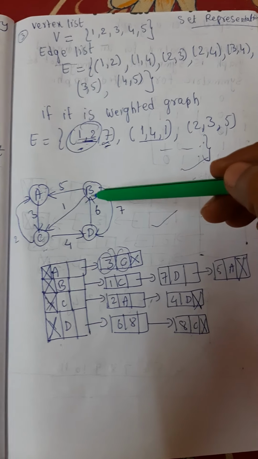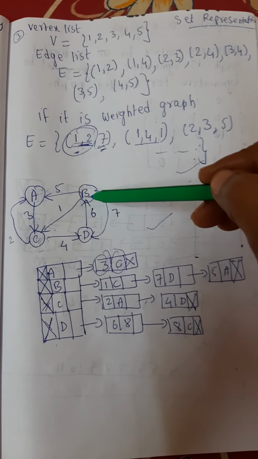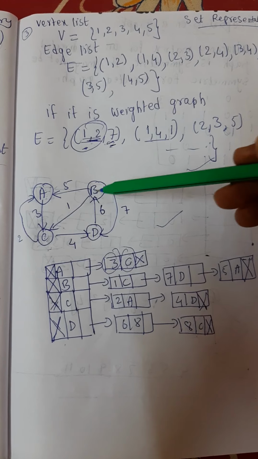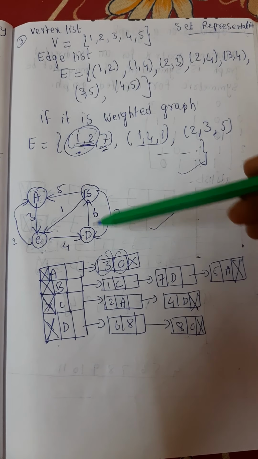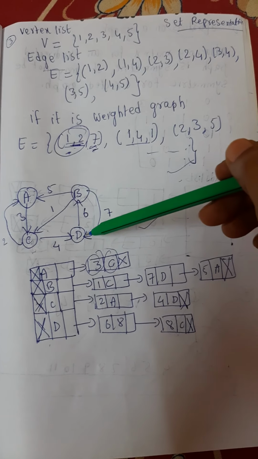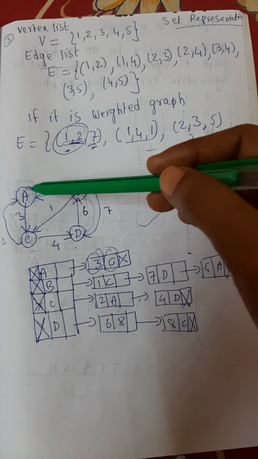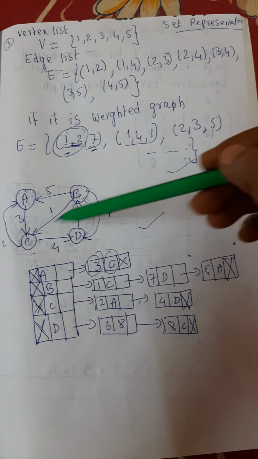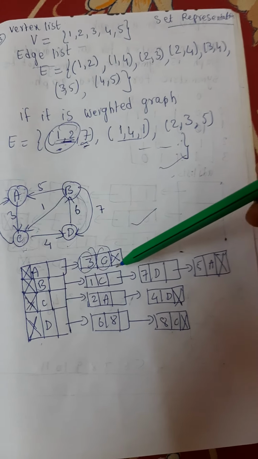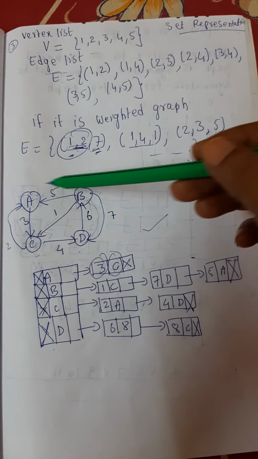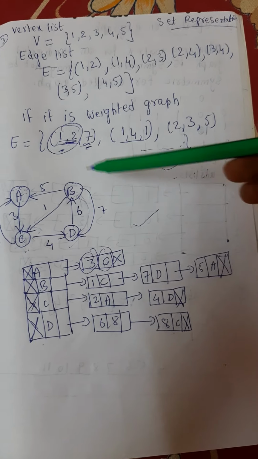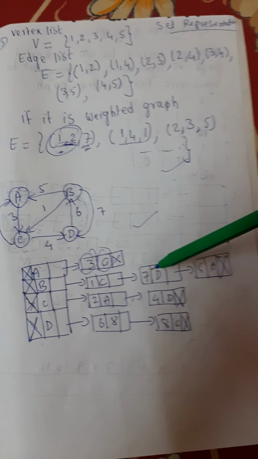Now coming to B, the adjacent vertices of B are A, C and D. So from B to C, it is 1. Again, B to A, it is 5. B to D, it is 7.